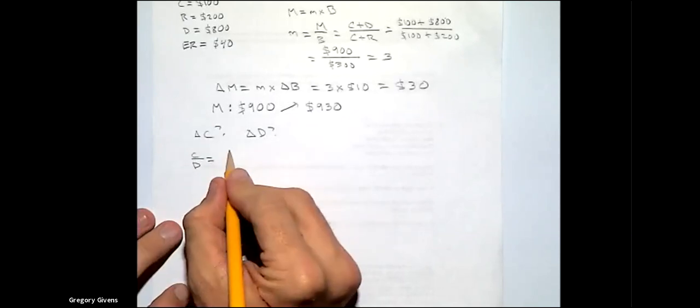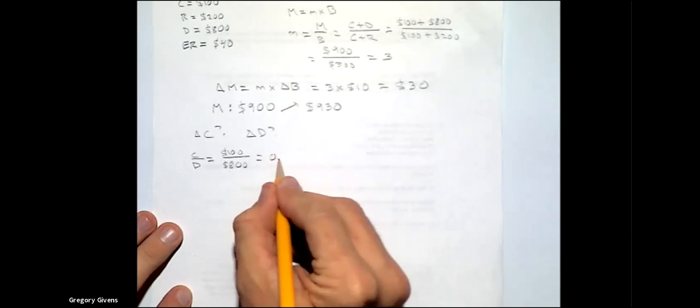So what is the currency to deposit ratio in this problem? Currency is 100 billion to start off with, and deposits are 800 billion. That ratio is equal to 0.125. We're going to assume that that ratio stays constant.